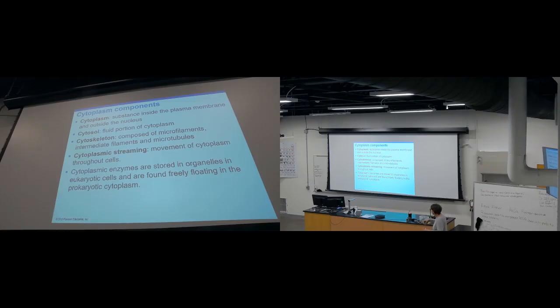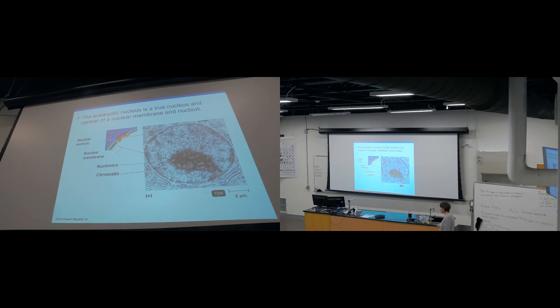You can move it through this streaming, like creating little waves. And then you have enzymes that are stored in organelles, like in lysosomes. In prokaryotes, those enzymes are not found within these vacuoles.